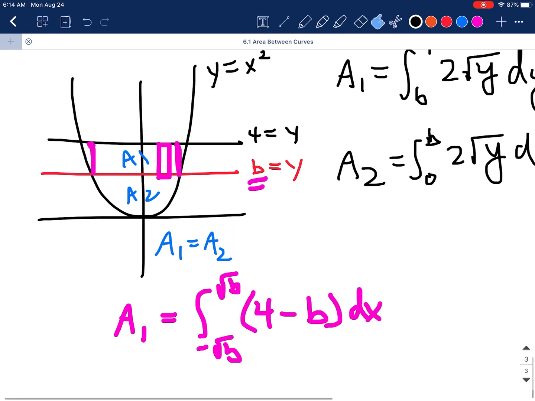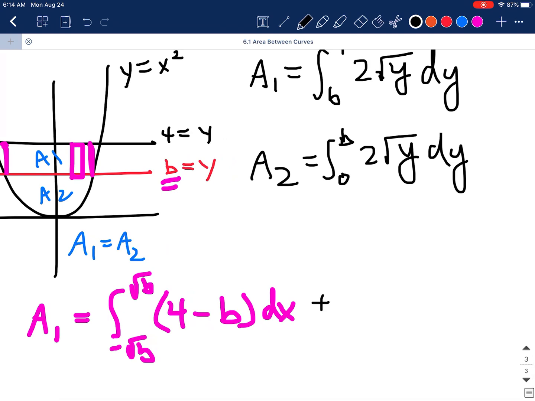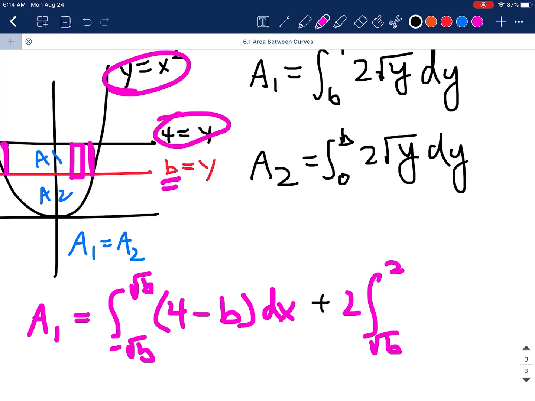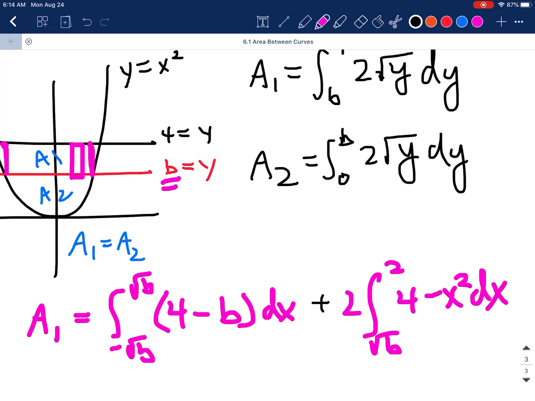But then we need to add these little slivers on the end, which would be symmetric. So we could just do double the one on the right, from radical b to the intersection of y equals 4 and x squared, which is at positive 2 on the right. And that would be 4 minus x squared dx.